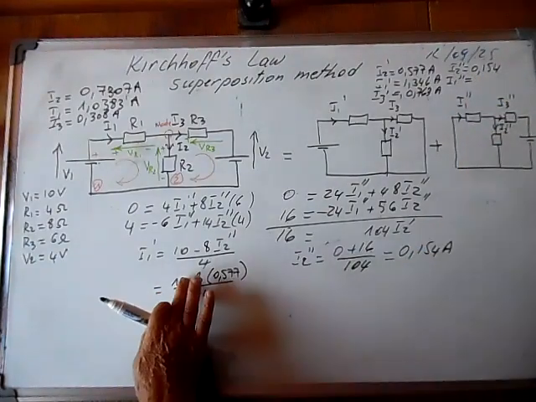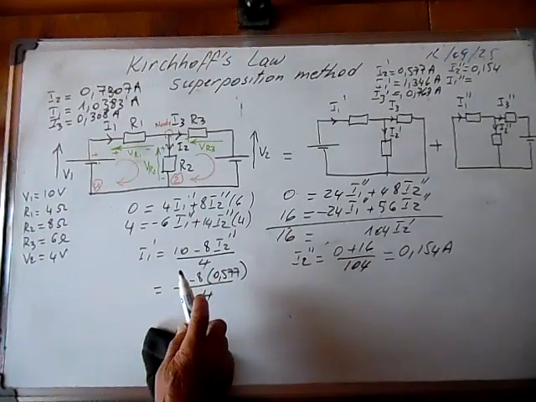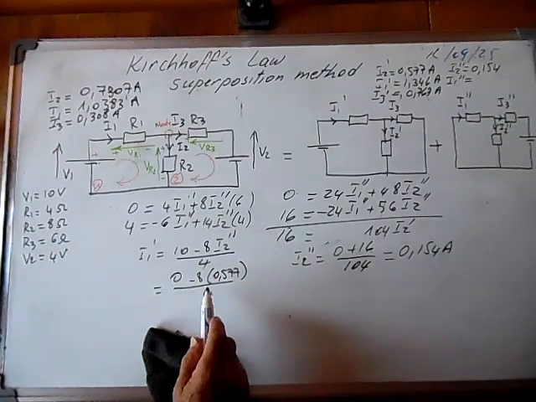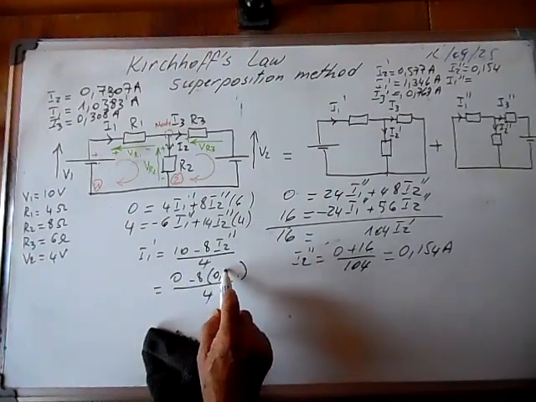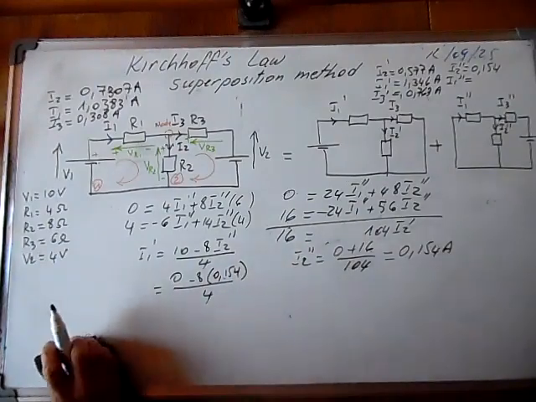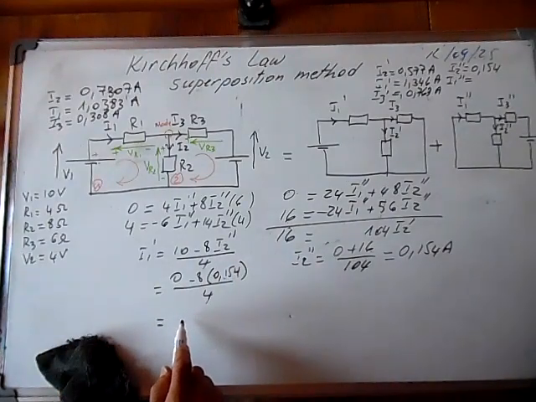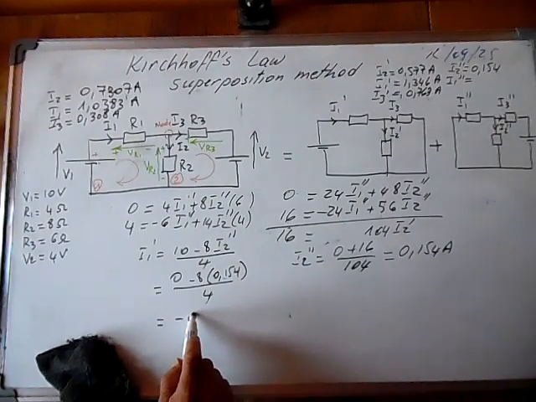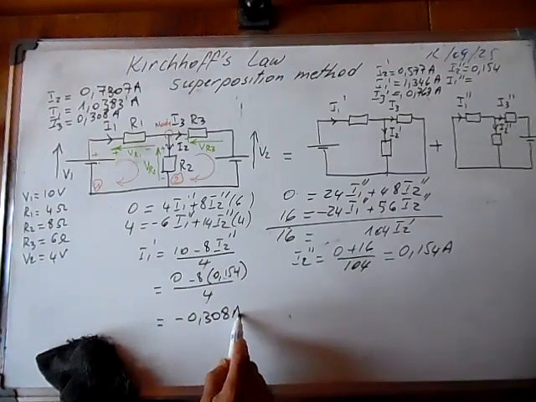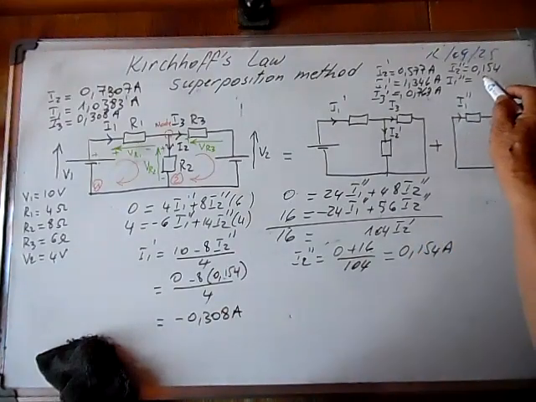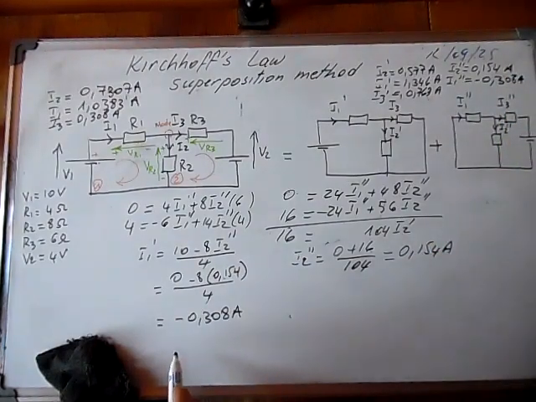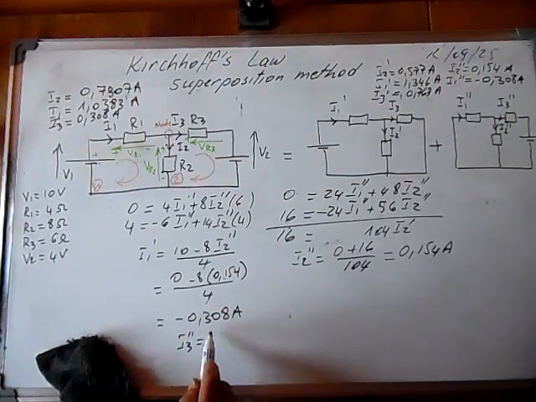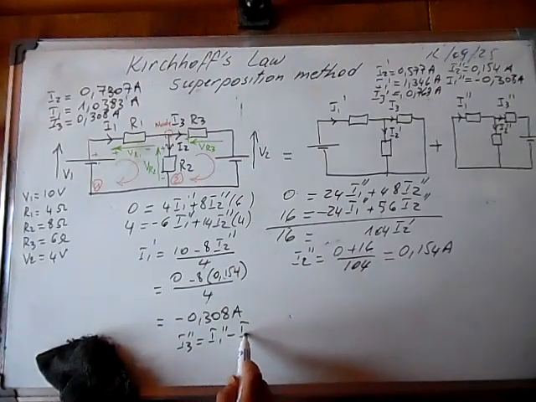This is 0 minus 8 times 0.154, and this current will be negative. It will be minus 0.308 amps. Let's write it here, minus 0.308 amps. Now I3 second is equal to I1 second minus I2 second.